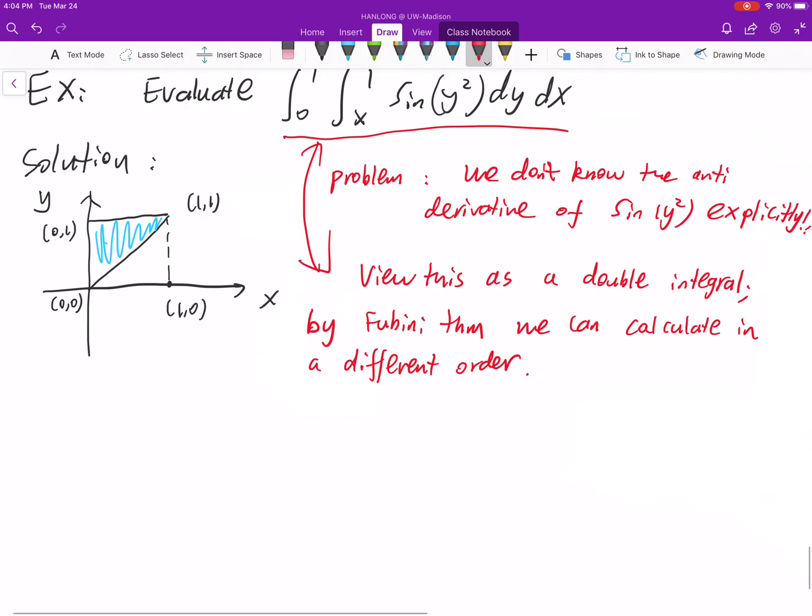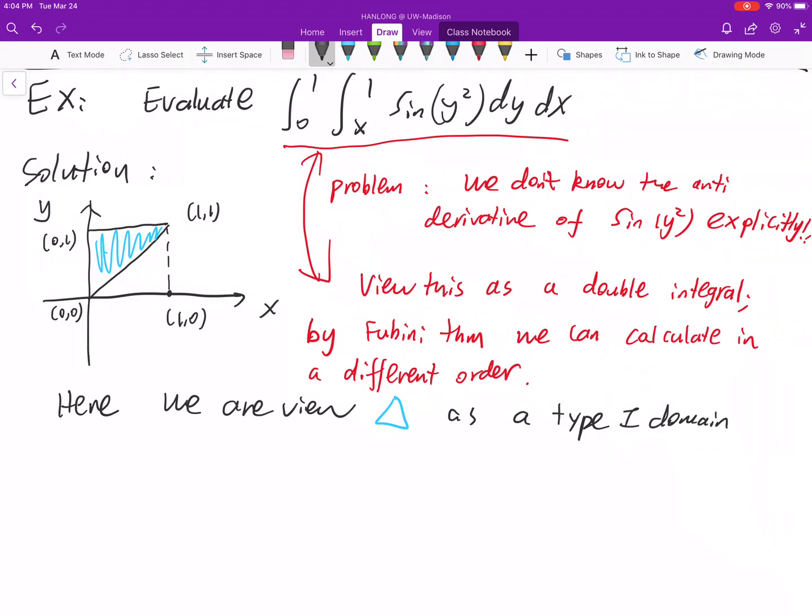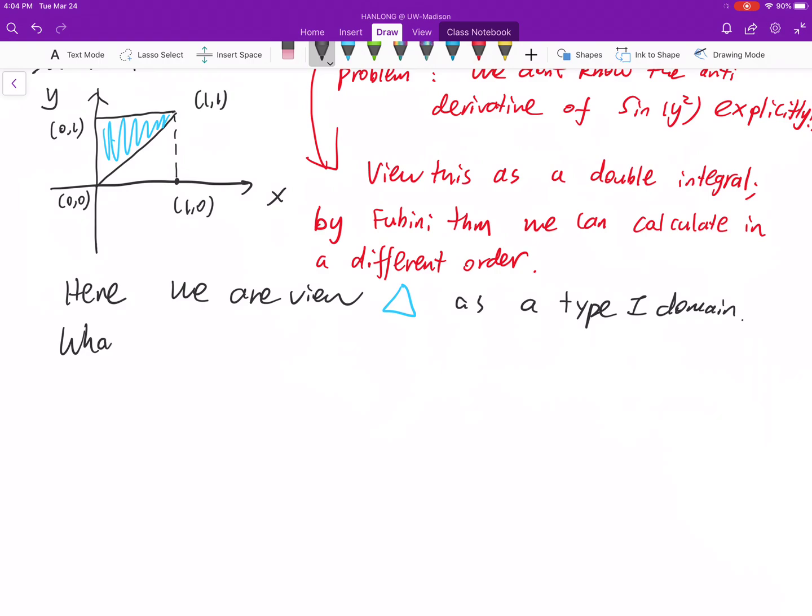So what does that mean? If you look at this iterated integral carefully, you will find that we are viewing the blue triangle as a type 1 domain. What if we view it as a type 2 domain?